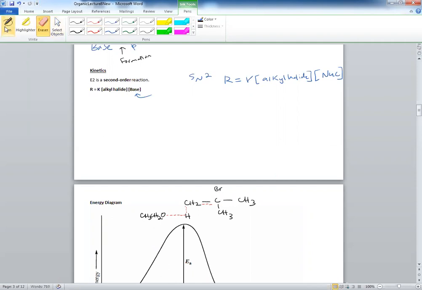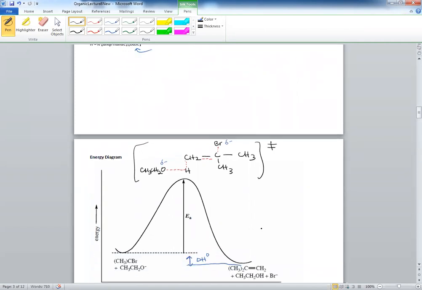Let me make this a little bit more clear. Of course, this would be delta minus. This would be delta minus, where the electrons are coming from. So this is your transition state. Forming, breaking, forming, breaking.